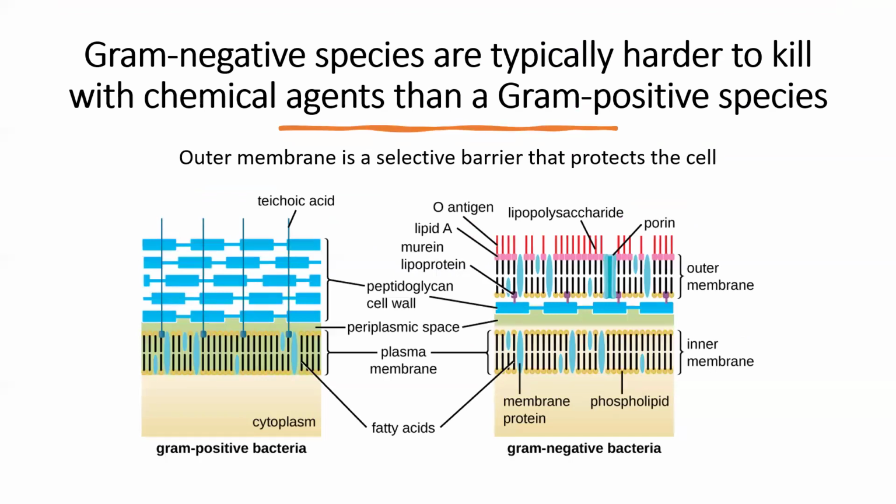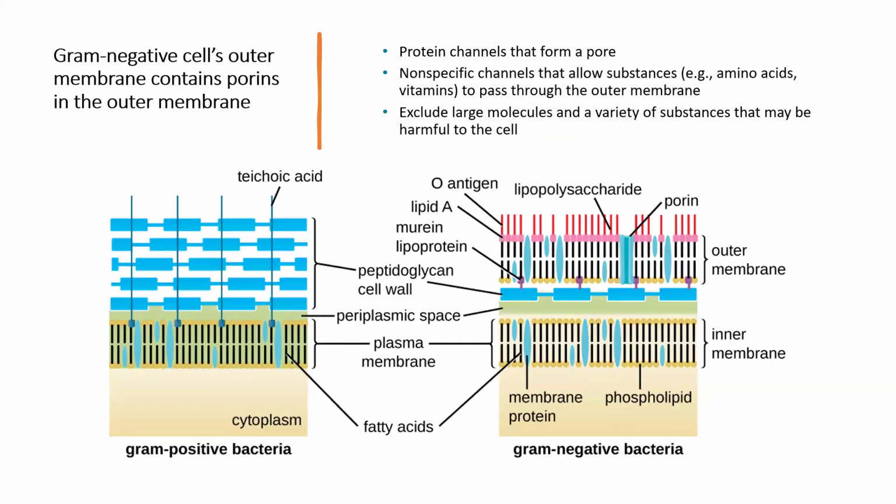Now, oftentimes gram-negative species are harder to kill with different chemical agents than gram-positive species, and this has to do with that cell envelope structure. If you look in the outer membrane of the gram-negative cartoon here, we see these porins, like this guy here.